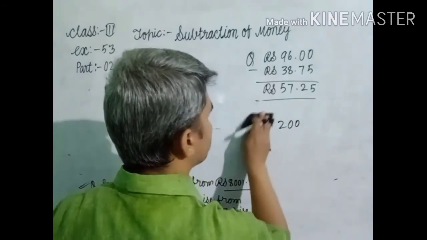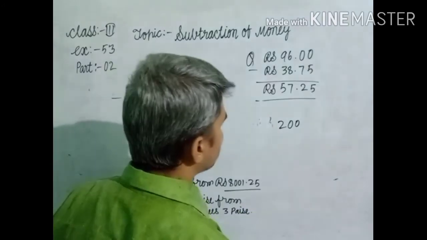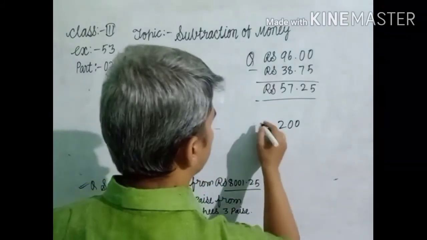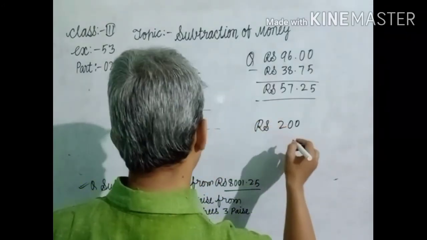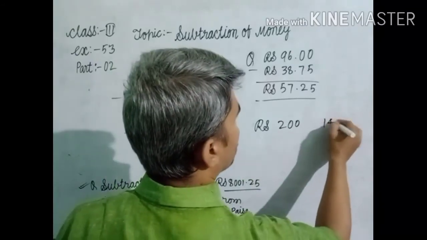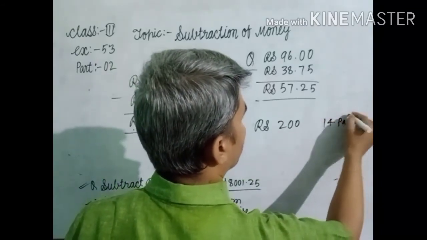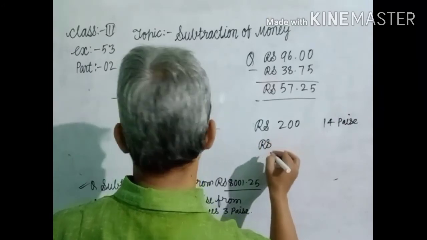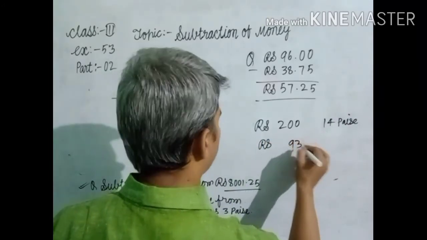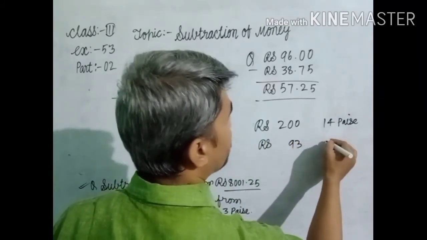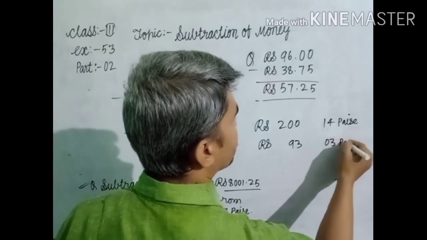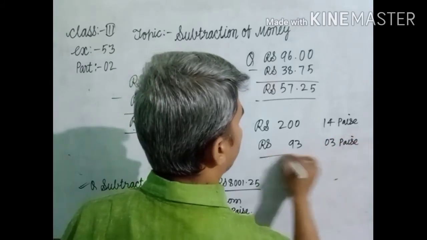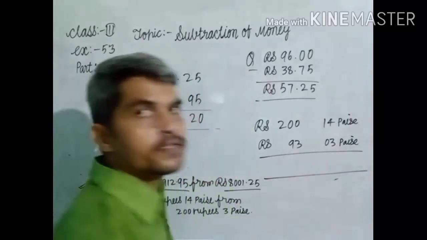You write in the same process. Rs 200 rupees 14 paise and Rs 93 rupees 3 paise. Here 3, no, this is wrong. 3 paise in this way. And now you subtract this.